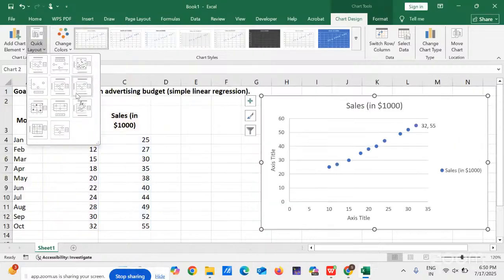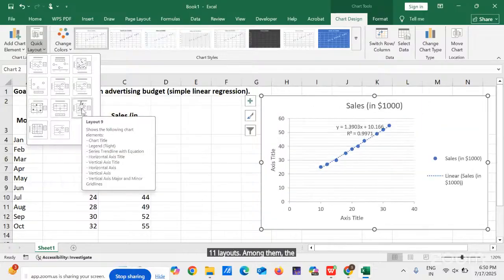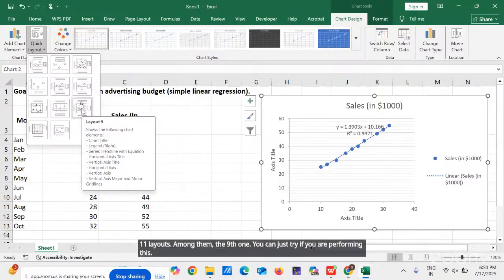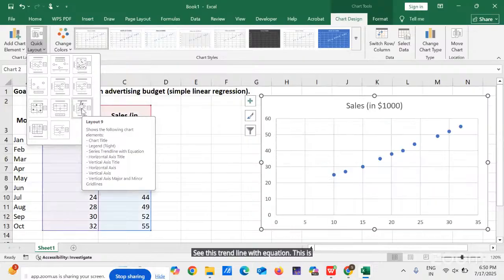There are around 11 layouts, among them the ninth one. You can just try if you are performing this. The ninth layout shows the following chart elements like chart title, legend, series, trend line with equation. This is the layout which gives you the equation.